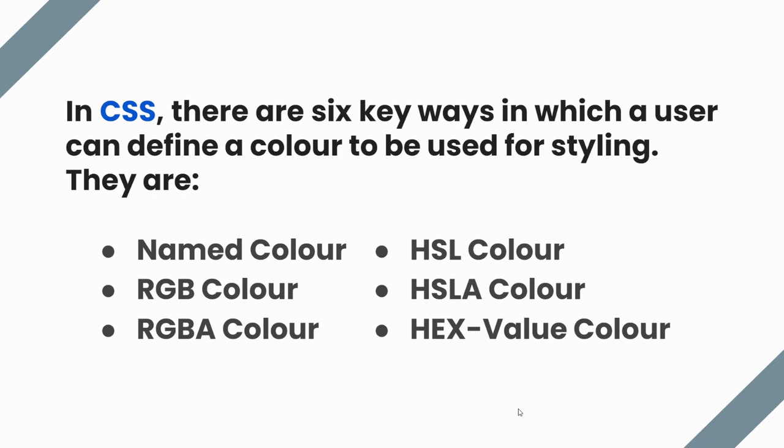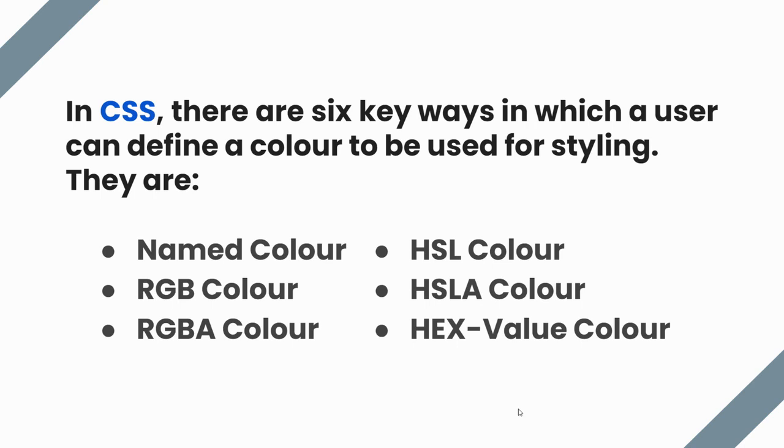So in CSS, there are 6 ways in which a user can define a color to be used for styling. So these ways that you can see on the screen are the 6 different ways of color definition. So any way that you see now is actually okay to use. It's just that some of the ways here actually give more precise color definition than others.